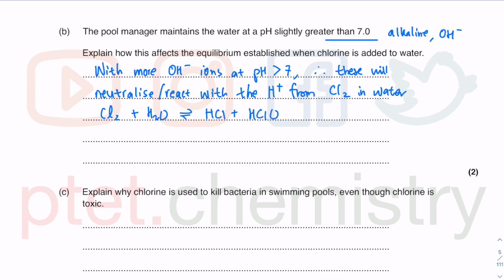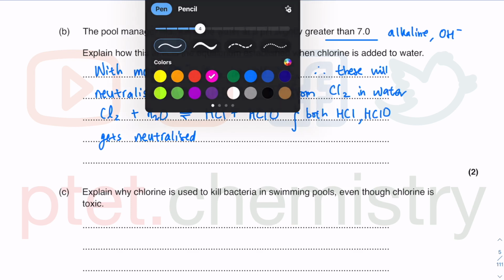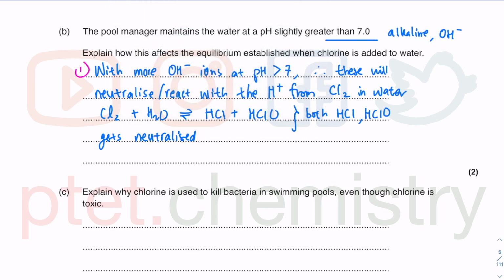from Cl2 in water. Earlier we produced Cl2 plus H2O, giving us the HCl plus HClO. So what we are saying is, the HCl can get neutralized, the HClO can get neutralized. So both the HCl and HClO get neutralized. So what happens as both of them get neutralized? How does this affect the equilibrium when chlorine is added to the water?